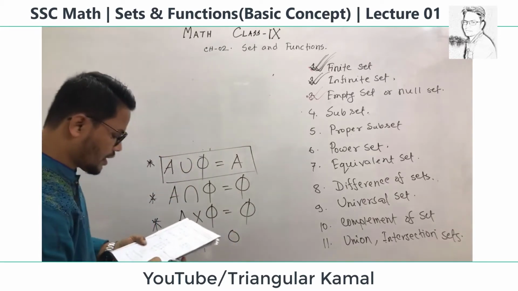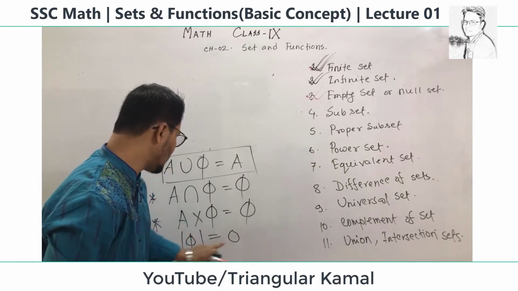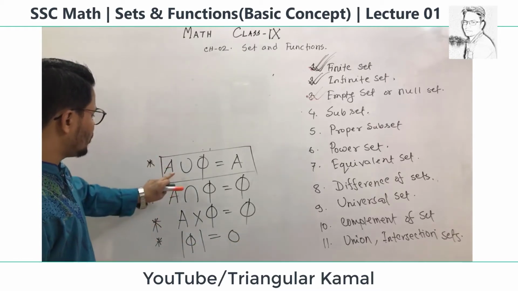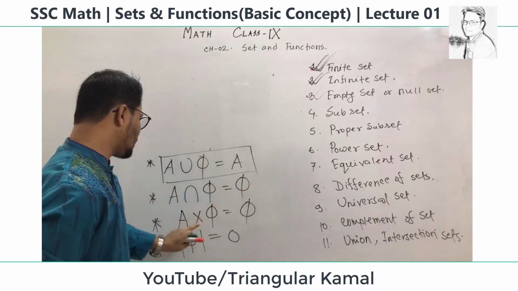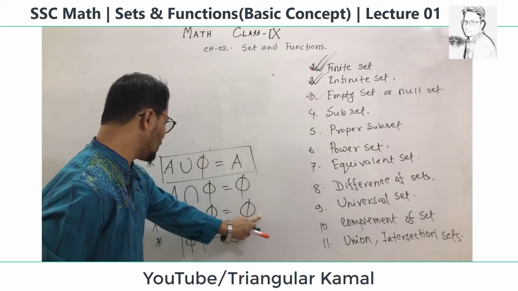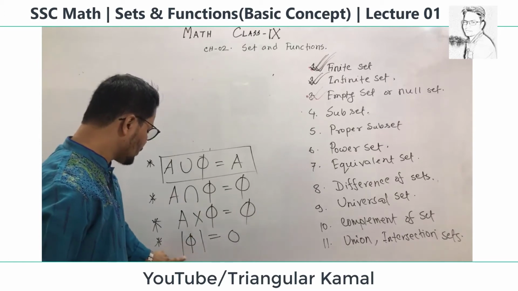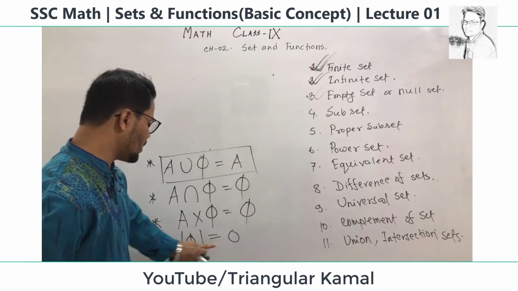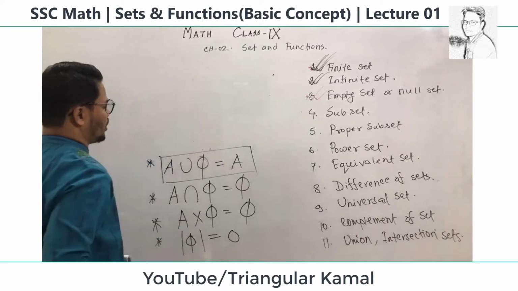That means the cardinality, the counting number, will be 0. So there are 4 basic formulas. Union gives this set, intersection gives the empty set, the cross multiplication with the empty set gives the empty set, and the cardinality, that is the counting number, of the empty set is 0. These are the 4 formulas.